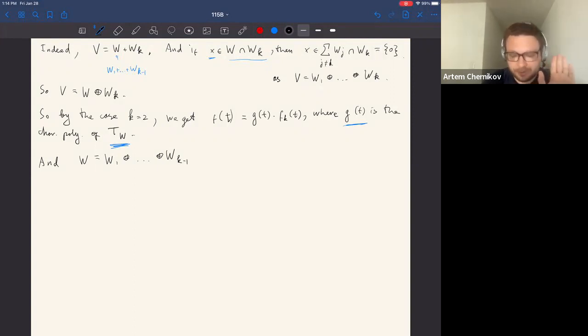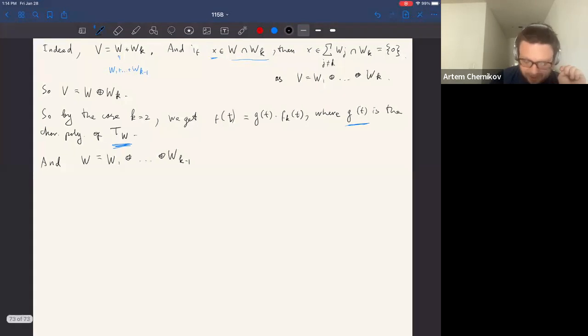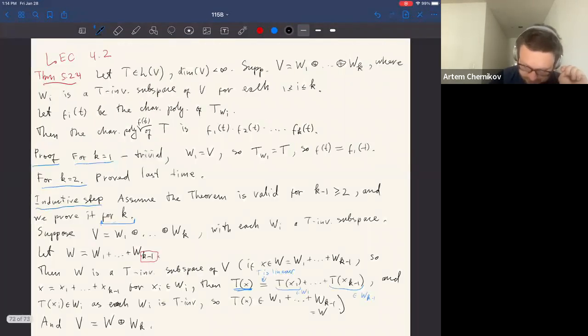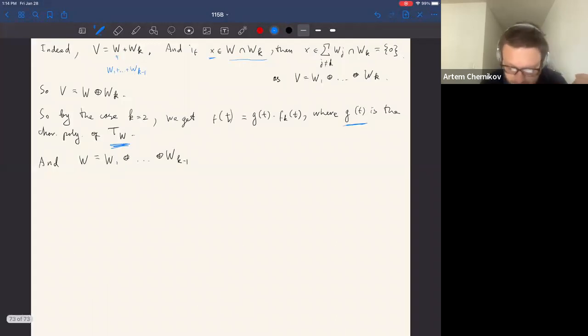Is everyone okay with this? So remember, we took W to be just the sum. We defined W to be simply the sum, but in fact it's automatically going to be the direct sum because all of V was the direct sum of the spaces. So the conditions on the intersections can be easily checked.